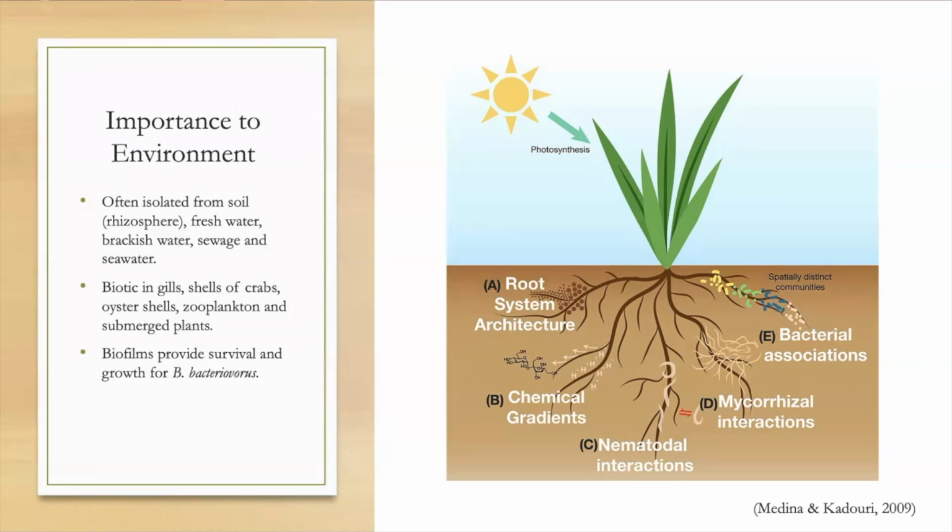You can also see the bacterial association, where there are bacterial communities in the roots, and even within those roots, Bdellovibrio bacteriovorus is a probiotic to the plant, meaning it can fight off phytopathogens and allow the plant to grow without being infected with disease, which is how and why the bacterium is important to the environment.